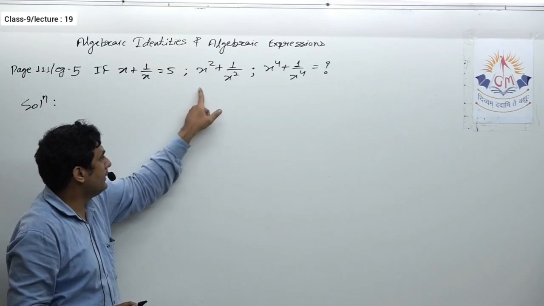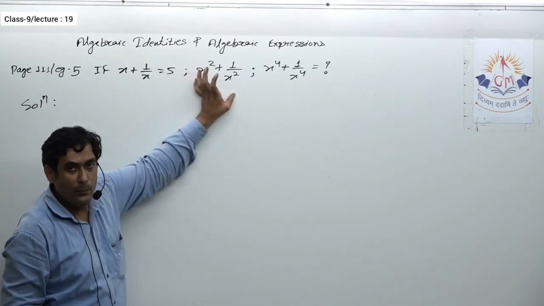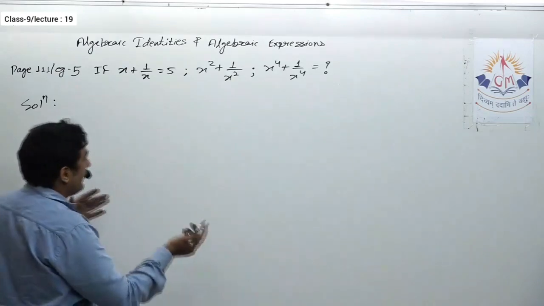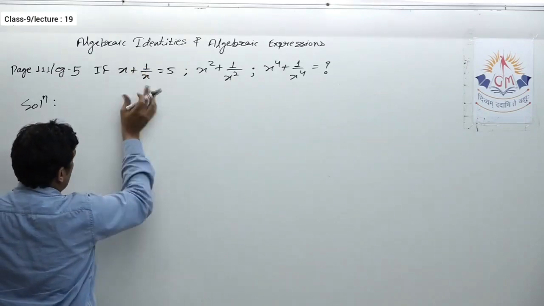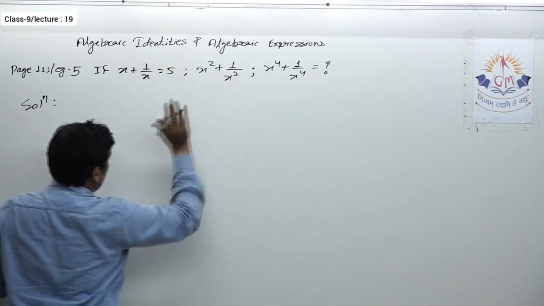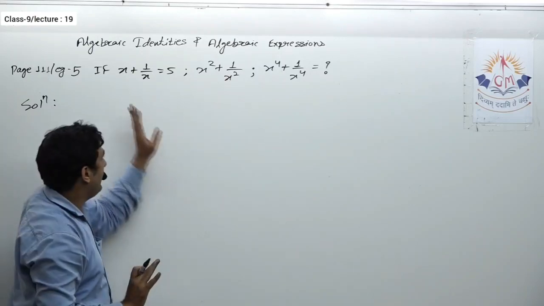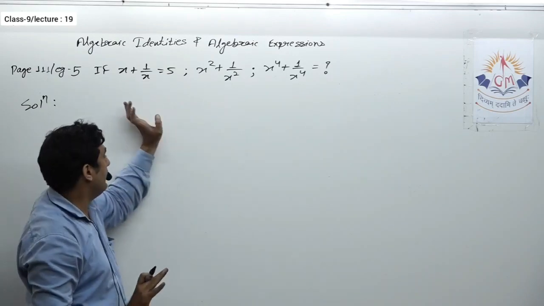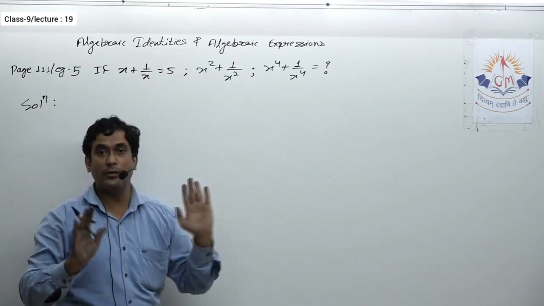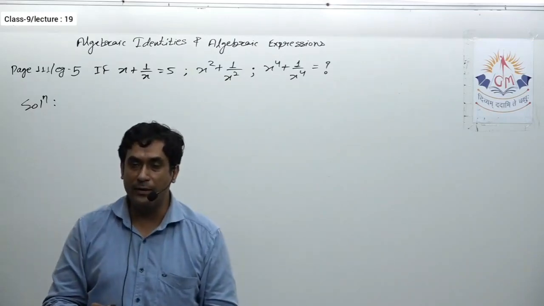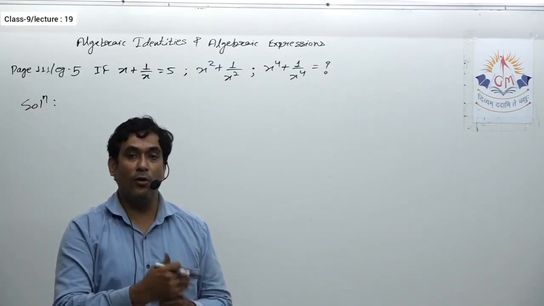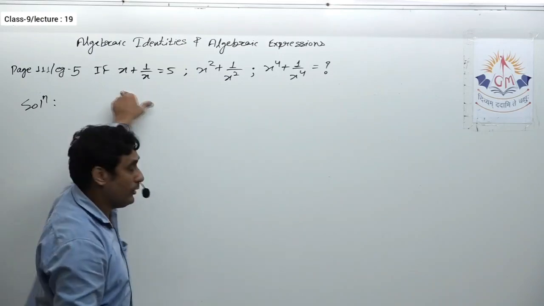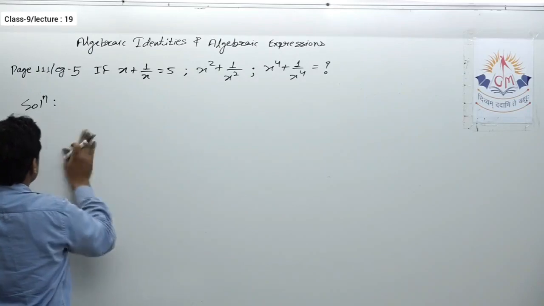So I will say this expression, in which the power of x is smaller, is a smaller expression as compared to this. Whenever this type of condition is given, that means the value of a smaller expression is given and you have to find the value of a greater expression, then you have to start with the smaller one. You have to start with the given value.